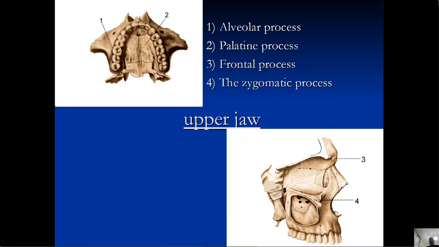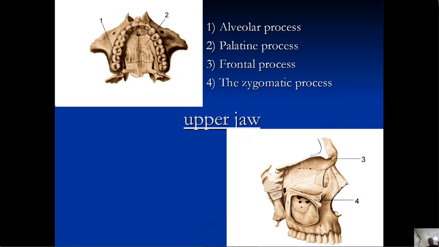Mandible, lower jaw. This is a single bone of horseshoe shape attached to the base of the skull, not by sutures, but by two joints, the temporomandibular joint. And this is a part of the temporal bone, and this is a part of the lower jaw.